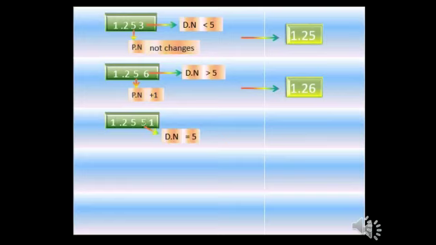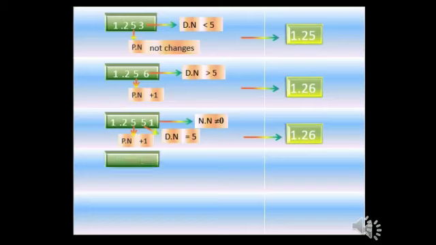If this dropping number is 5, check whether next number is existing or not. If next number is existing, then preceding number increases by 1. So, the given number in three significant figures is 1.26.